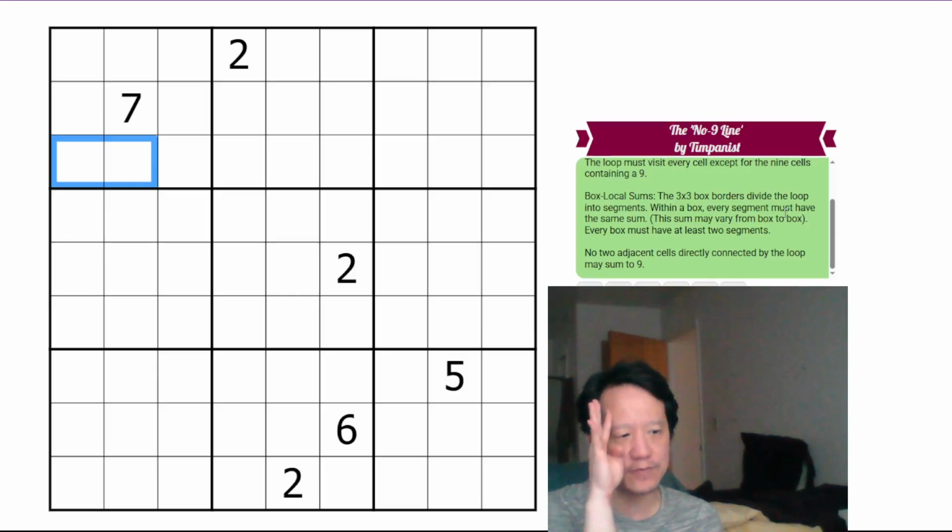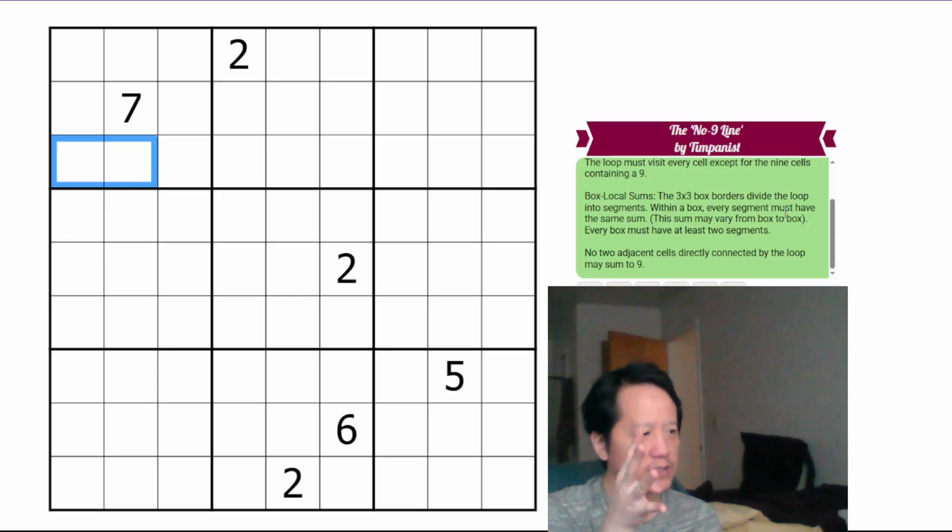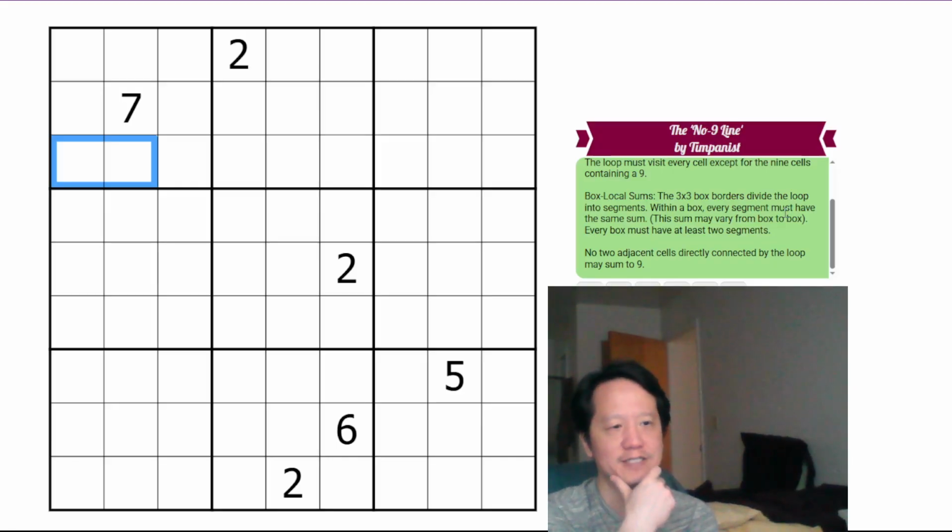Okay, so then every segment must be either 2 or 3 in a box. You can't have 4 because one of the segments has to include 8, and it must add up to 9 with a single digit. And therefore, they would have adjacent digits on that segment on the loop adding up to 9, which is not allowed.